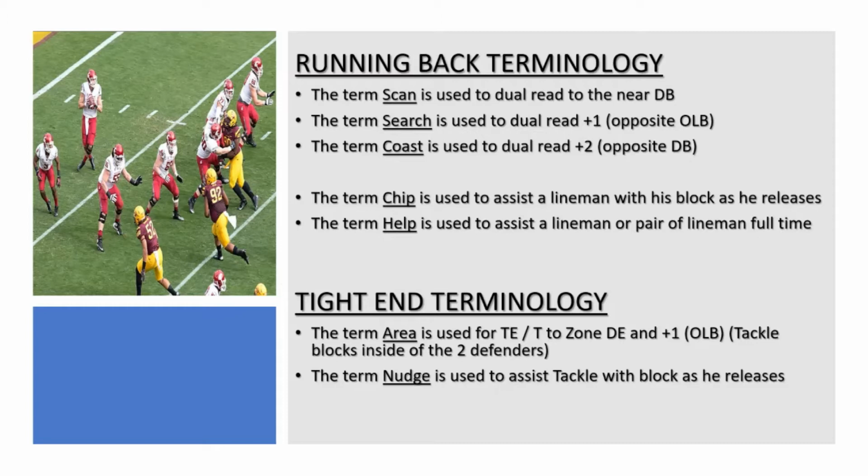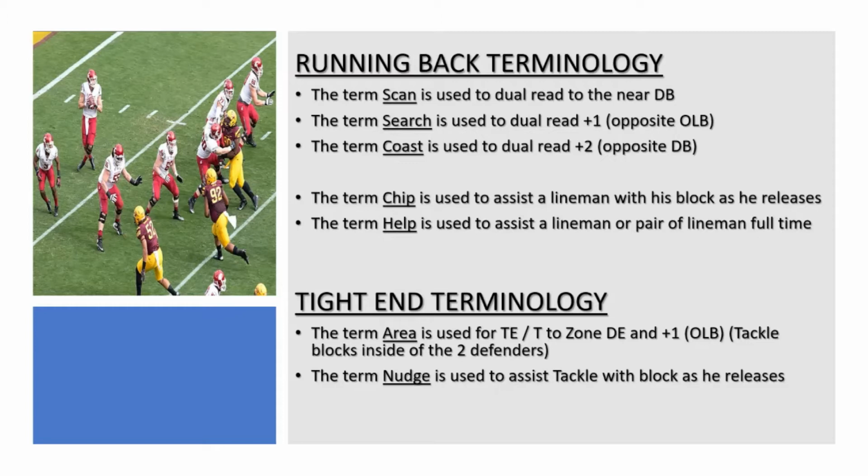The other term is search, that you need to have or at least understand. That tells you you're going to work, once again, let's say the protection has me on the Will. It's potentially a Mike scheme, and or a sort scheme in protection where the line has the Mike, or the line is dual reading Mike and Sam. But as a back, you also have to dual read the Sam backer.